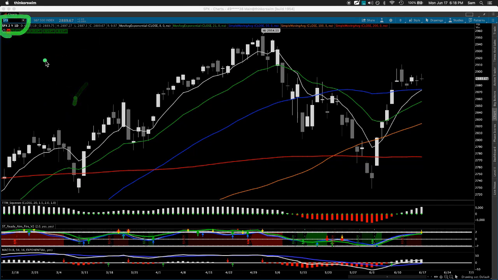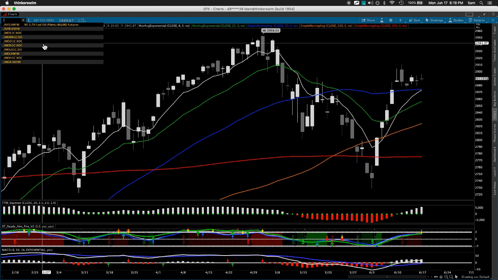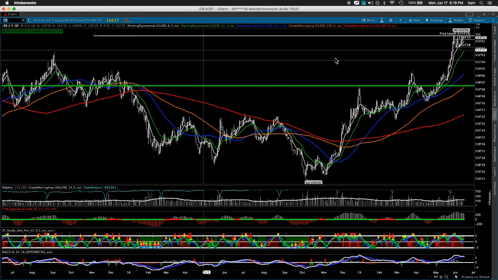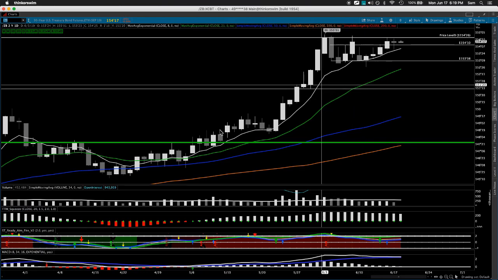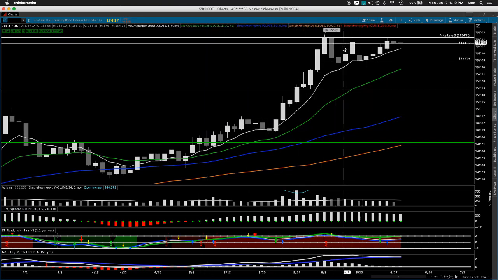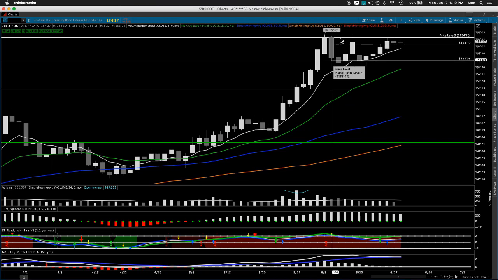So I do like the idea of getting signals from the top down. And so I usually will start my analysis by looking at the bond market. And essentially the way I'm looking at the bond market here is if the bonds are going higher, meaning that people are seeking safety, then that's going to put pressure downwards on stocks.